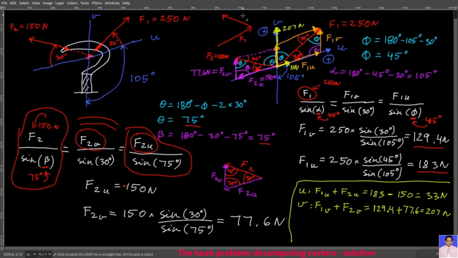So F1 this one, F2 this one, and then you would get your resultant vector, or you will get the exact same answer if you add up these two net components along the u and v axis. So this component, which is 207 newtons, this one here, and then this component here, which is this one here, 33 newtons, which I can shift here, like this. So if I add up these two components, then you can see that I will get the same FR.